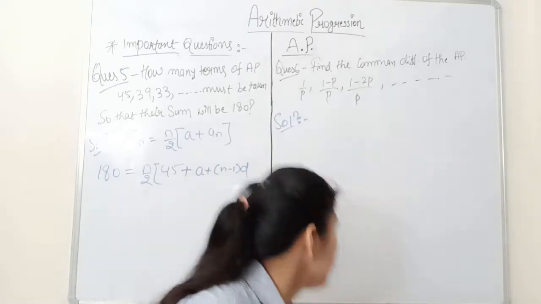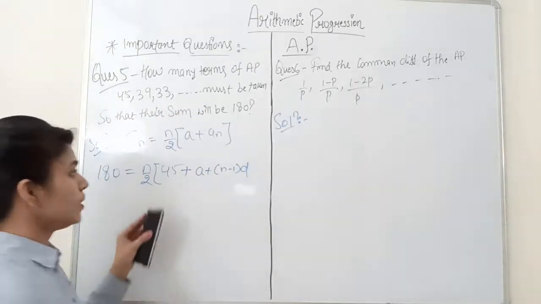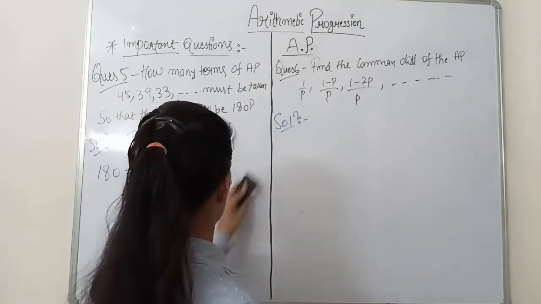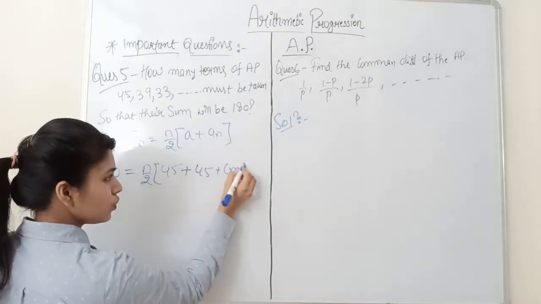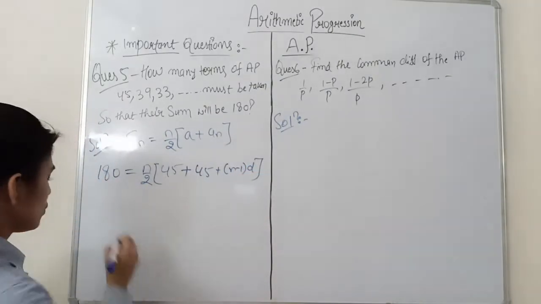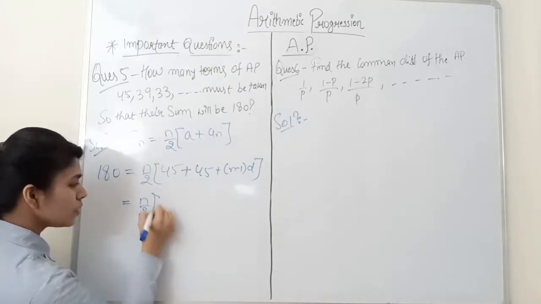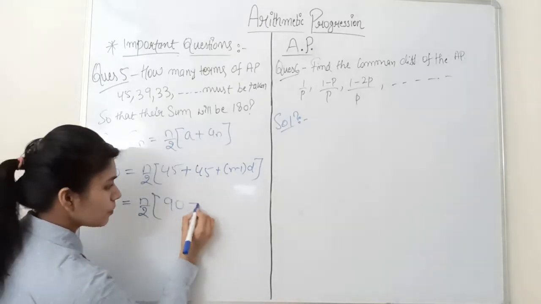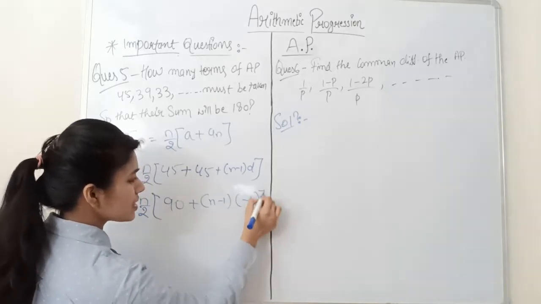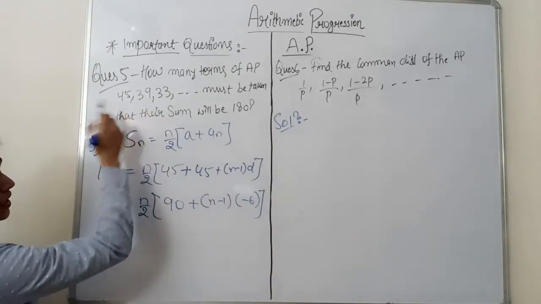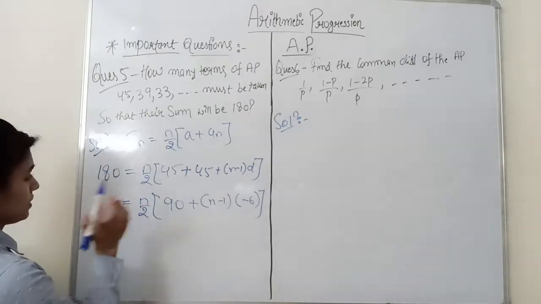So when we add 45 plus 45, it will be 90. A plus n minus 1 into d. So n by 2 into 90 plus n minus 1 into minus 6. What is d? Minus 6. 39 minus 45 will be minus 6.